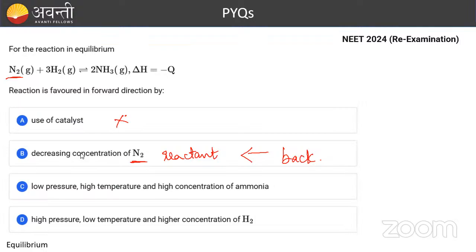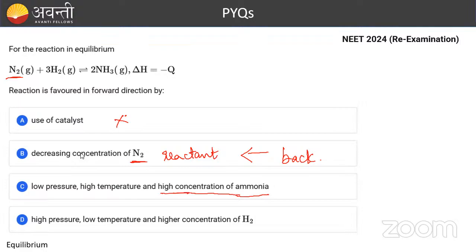Now coming to option C. By lowering the pressure and high temperature and high concentration of ammonia. Ammonia is the product. If you increase the concentration of ammonia, more amount of product will be present in the reaction mixture. So if the product amount is very high compared to the reactant, again what will happen?